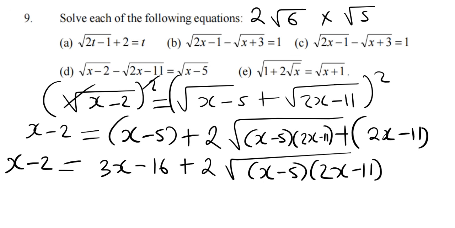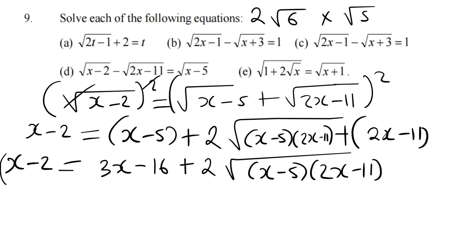Of course, we put again the like terms. This side I've got x, this side I've got 3x. When I take the 3 to the other side, okay, let me start with the numbers first. It's like it's going to give us a negative answer. So if I take the negative 16 to the other side, it's going to be positive 16. That positive 16 minus 2, I'm going to have a 14.